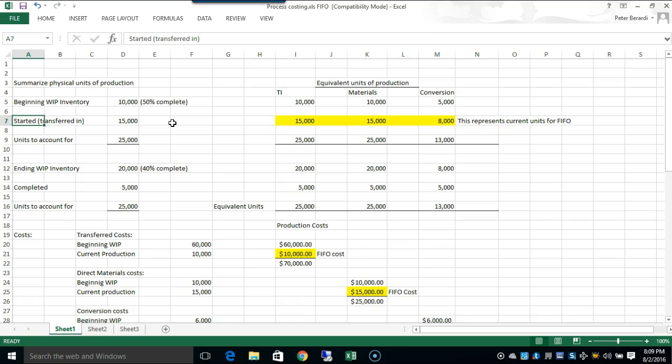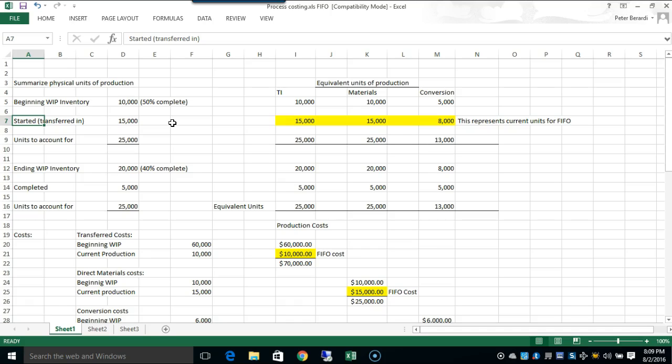So an assembly process might have 4 or 5 different processes or departments, and therefore when Department A is done with the product, it becomes Department A's finished goods, but goes on to Department B as a work in progress process.